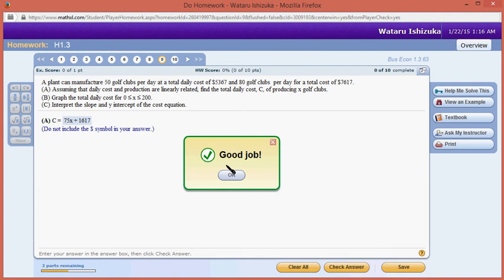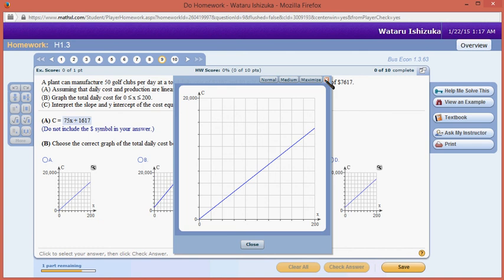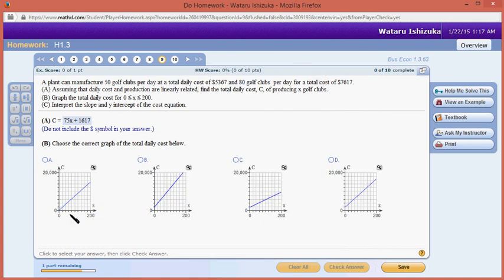All right, we got that. Choose the correct graph for the total daily cost. The y-intercept is 1,617. So the first option is definitely not the right one, because of the wrong y-intercept.